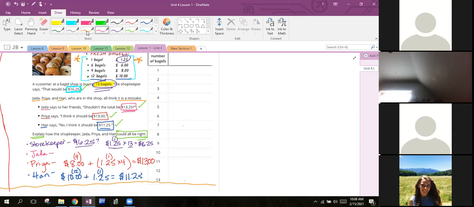All right, so for Jada, she saw that 6 bagels were $6. Okay, so she took the price of 6 bagels plus 6 more bagels. So that's 12 bagels total. So she's going to add the price of 1 more bagel. And that gives us the $13.25 for Jada.